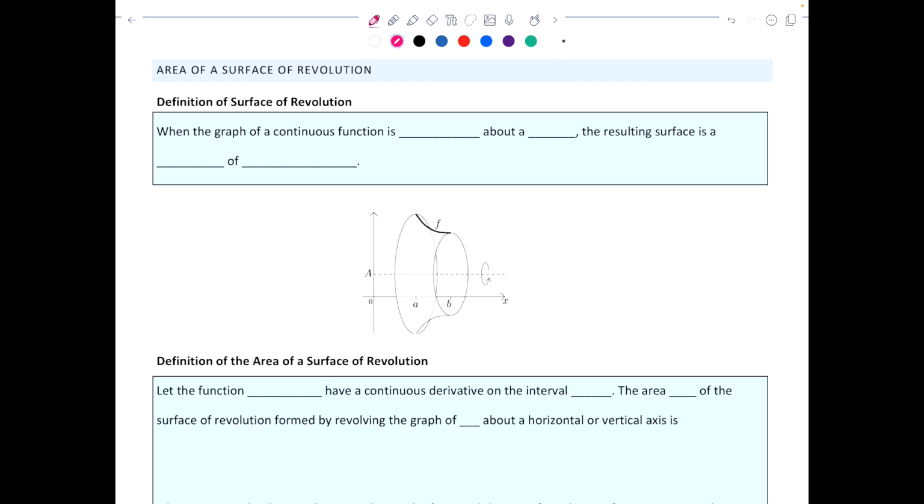So a surface of revolution happens when the graph of a continuous function is revolved about a line, some kind of axis. The resulting surface is a surface of revolution.